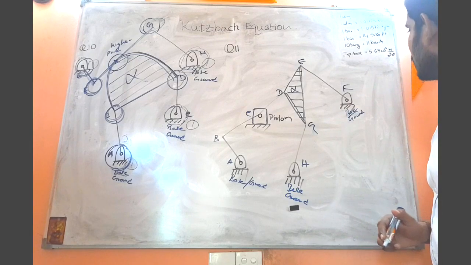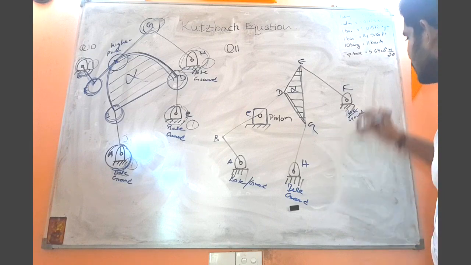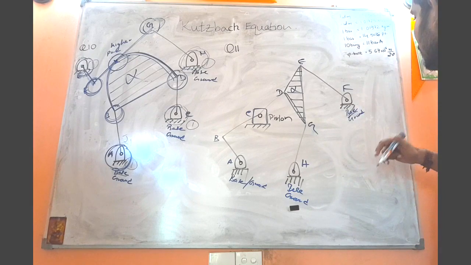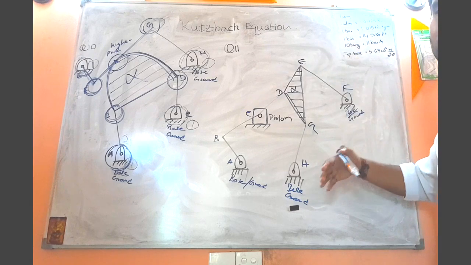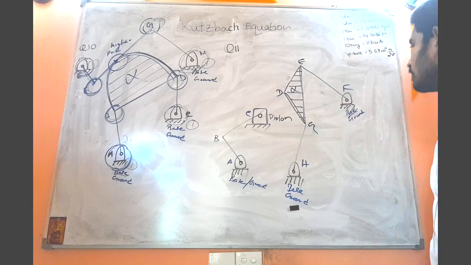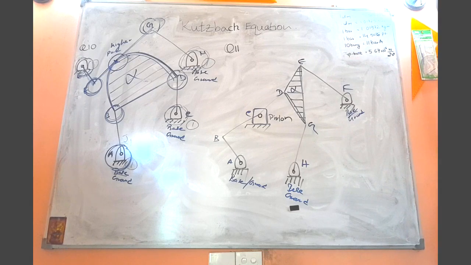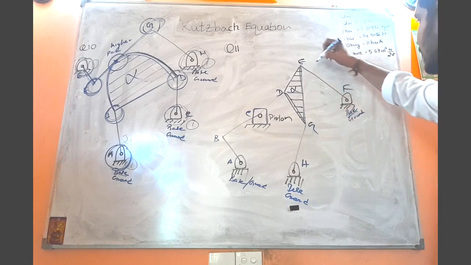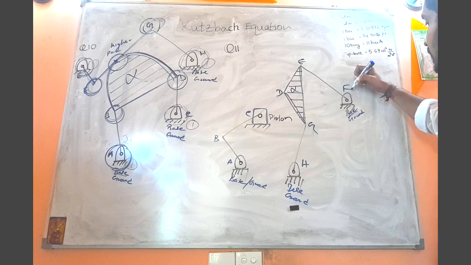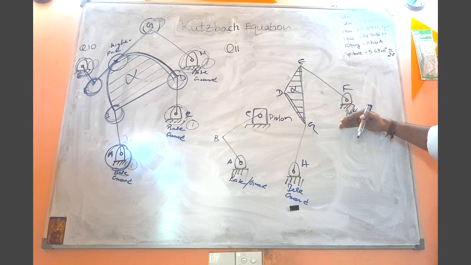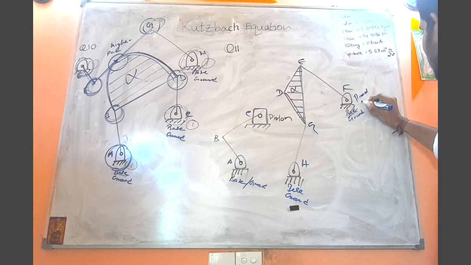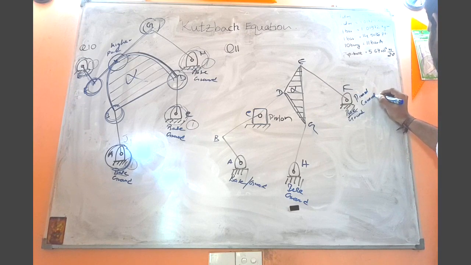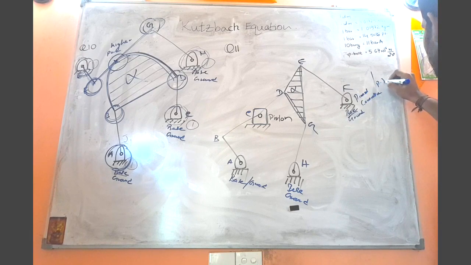in order for this connection to happen, right? In order to connect this link EF, we need a certain base, right? So this link EF is connected to the ground with the help of a pin connection, or with the help of a pin joint, right?